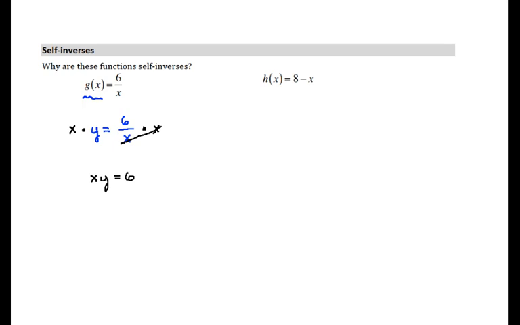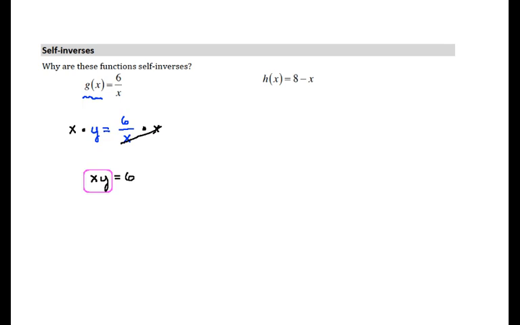Now remember that the way we find the inverse, if we're in this context, is we either swap the variables or we just solve for the other variable if we don't want to swap our variables. In this case, I would swap them. Looking at the form of this though, if I swap x and y, I can see that I'm not really going to get a different equation.